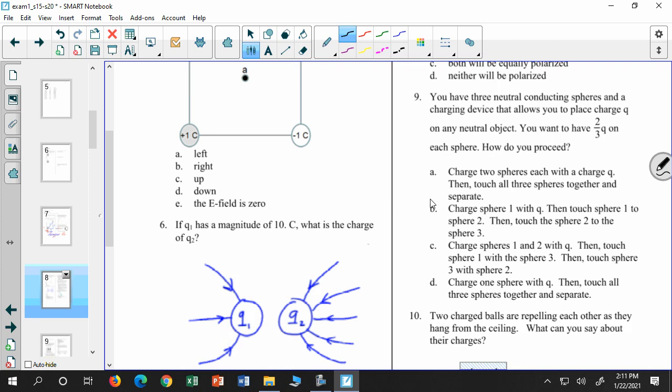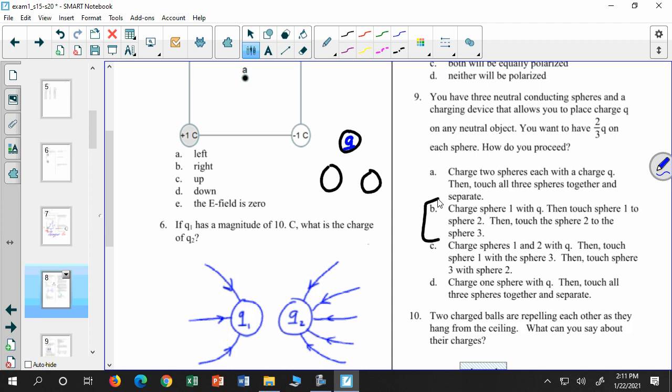Now, you could go through and read each of these and think about the result of this. For example, I have 3 spheres. I put Q on sphere number 1, and then I touch it to sphere number 2.